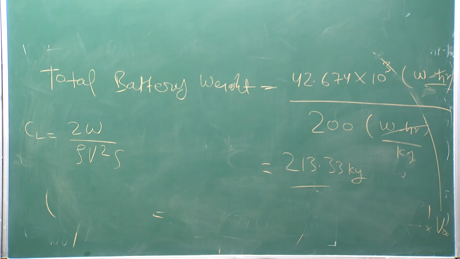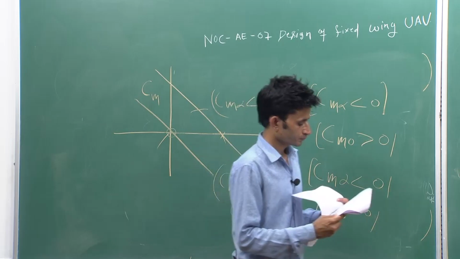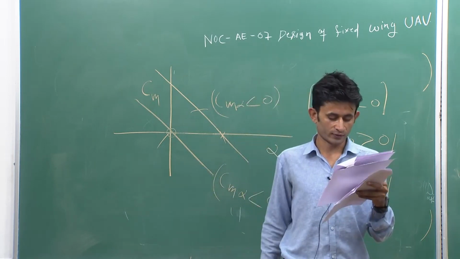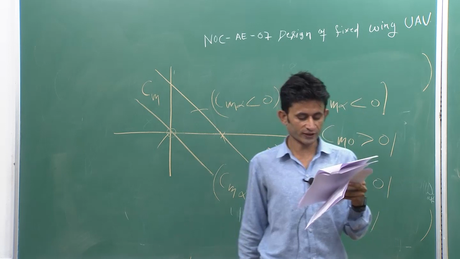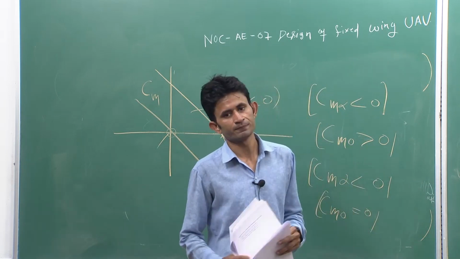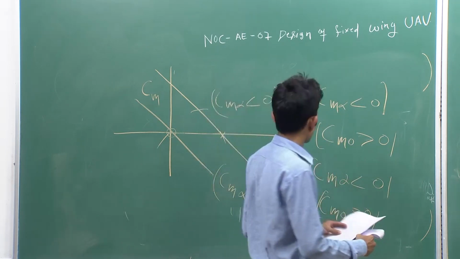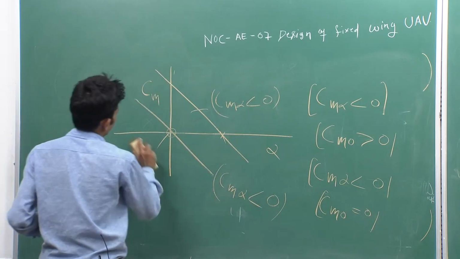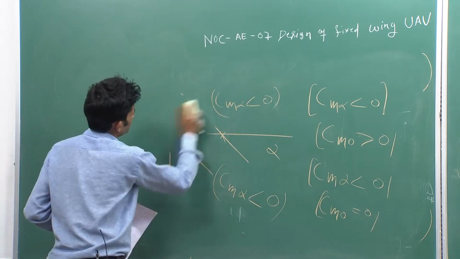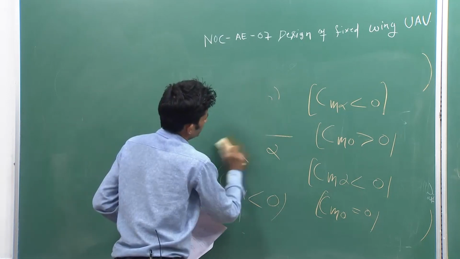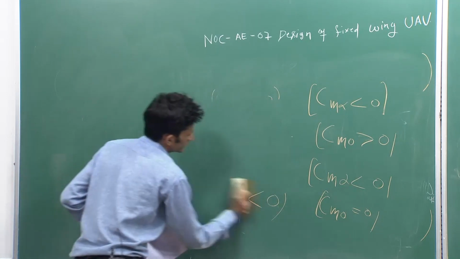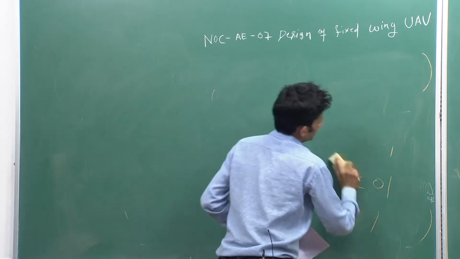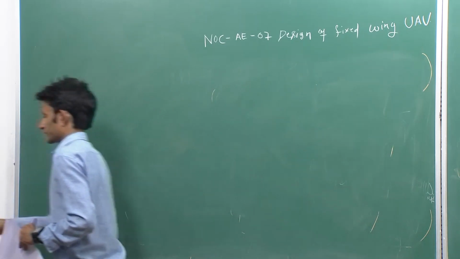Okay. And in the 9th question, a wing is made of symmetrical airfoil. What will the pitching moment coefficient at 0 degree angle of attack be? You know, for the symmetrical airfoil at 0 angle of attack, the pressure distribution on the upper surface and the lower surface will be the same. So, there will be no lift at 0 angle of attack.